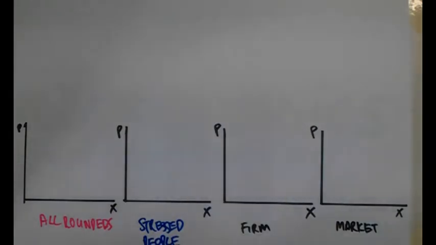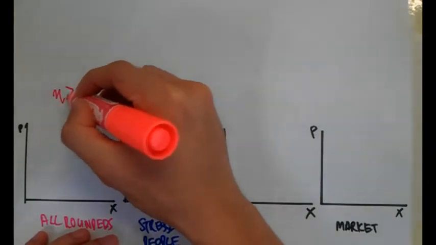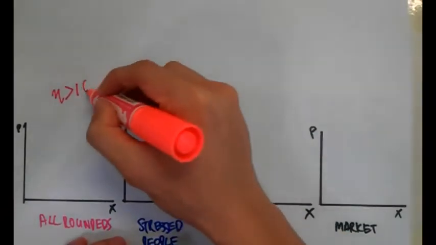Let's start by drawing the demand curves for the all-rounders first. As you can see, they are highlighted in pink. The all-rounders have an elasticity greater than unity. So what does it mean? Elasticity is going to be more than 1, so that means they are elastic.